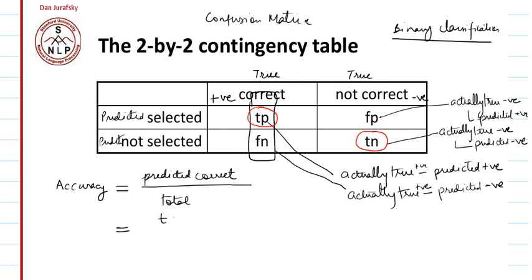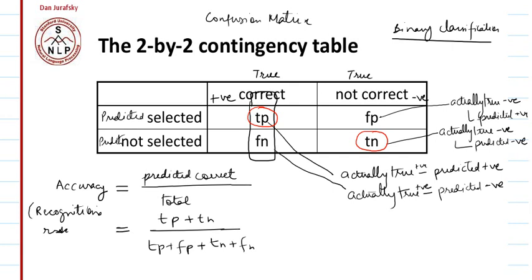So this is TP plus TN divided by TP plus FP plus TN plus FN. So this is the accuracy. This is also called the recognition rate. Recognition rate means how many examples are recognized correctly.